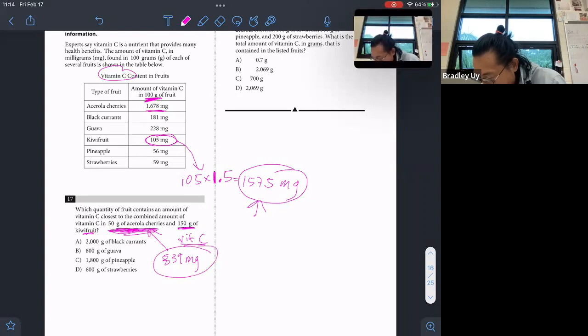And this is how many milligrams of vitamin C we get from 50 grams of cherries.